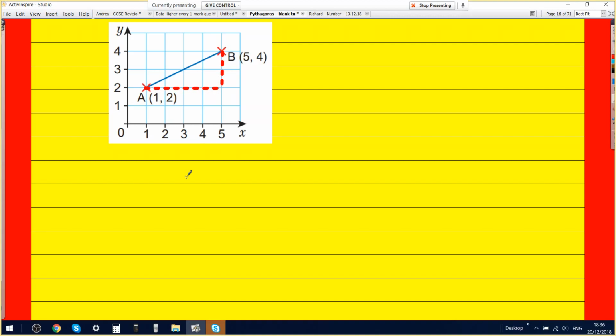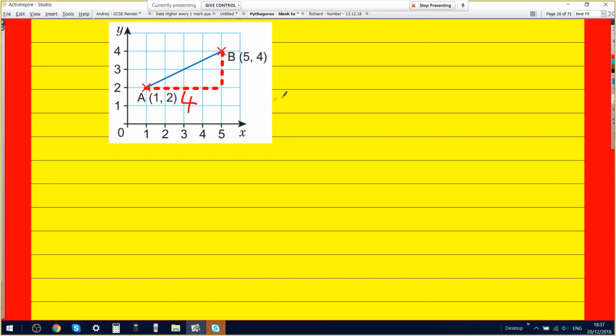Alright. How long is the base? 5 squares long. It goes up to 5, but it doesn't start at 0, it starts at 1. No, 4 squares long. That's it. What is the height?